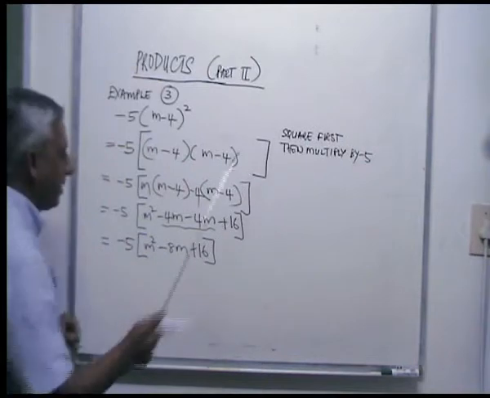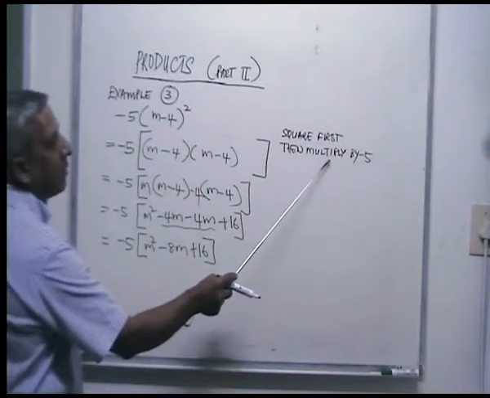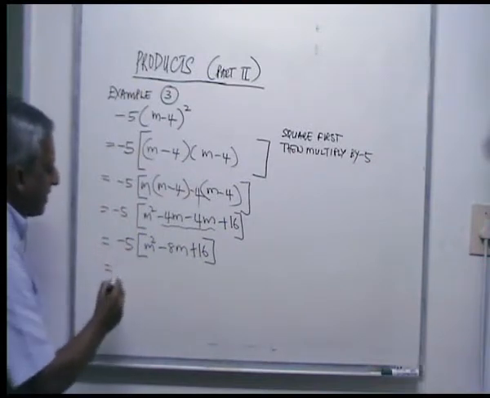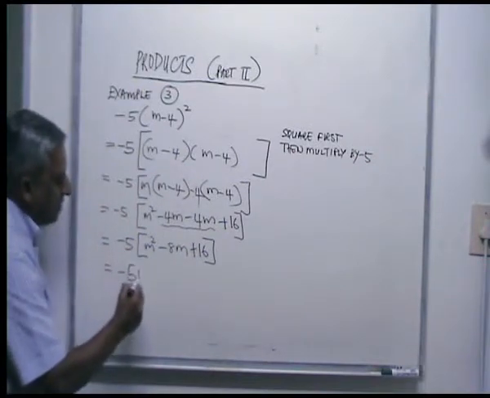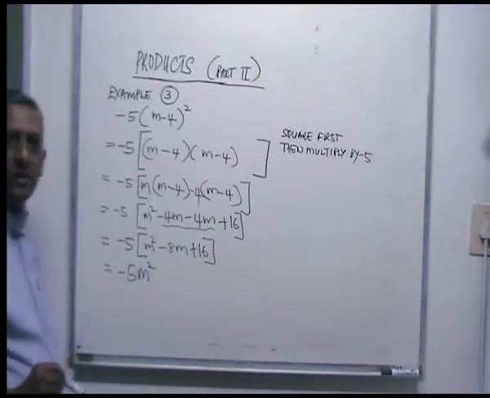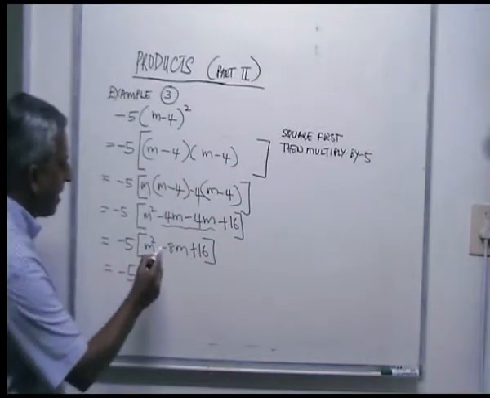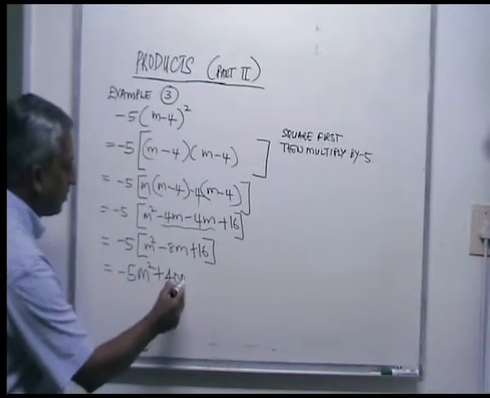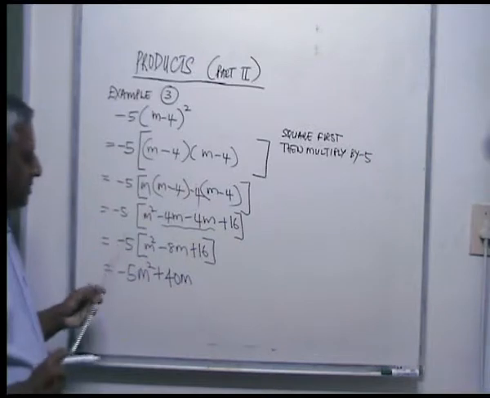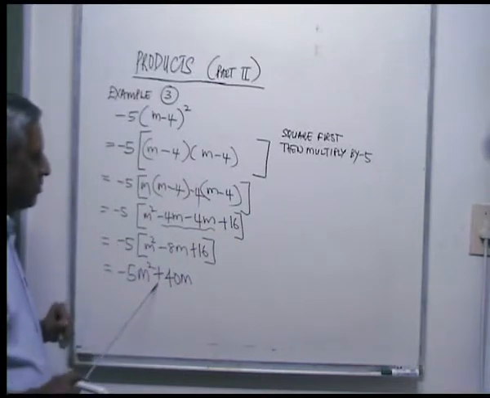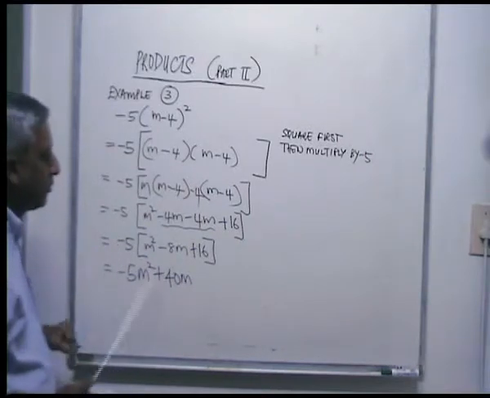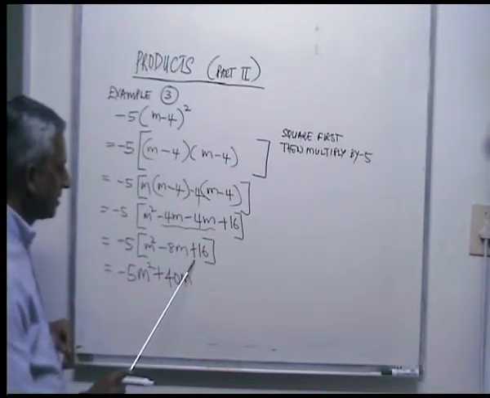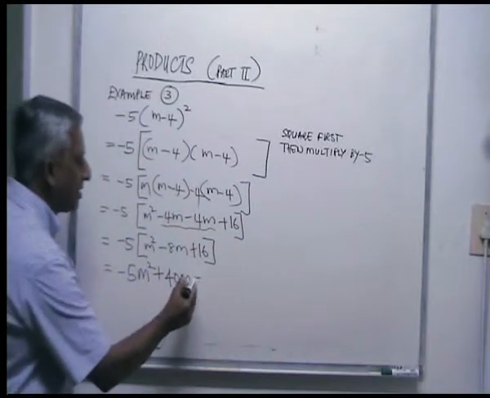Now we finish the square. Now we can multiply by minus 5. So the last step is minus 5 times m squared gives you minus 5m squared. See, minus times minus gives you plus 40m. Watch, minus times minus will give you plus 40, and then minus times plus will give you minus.